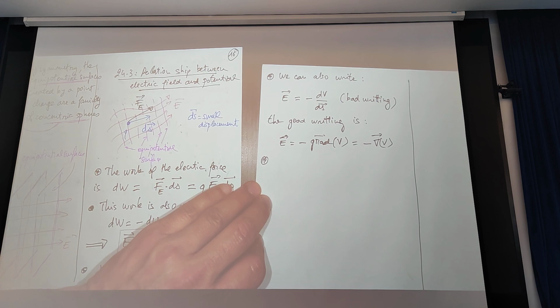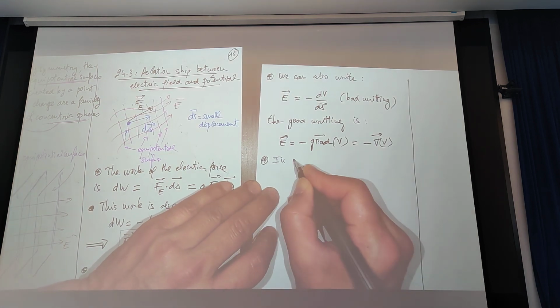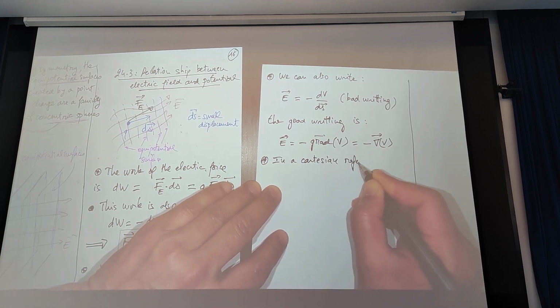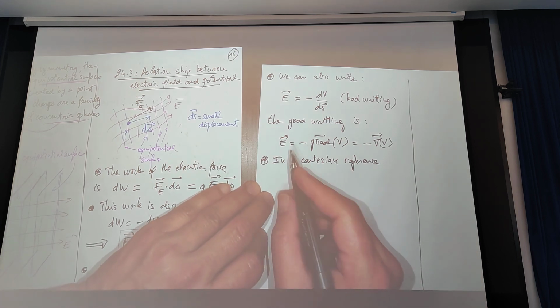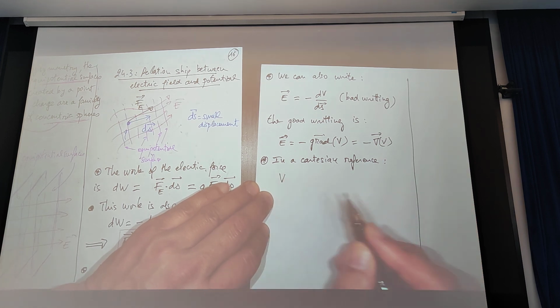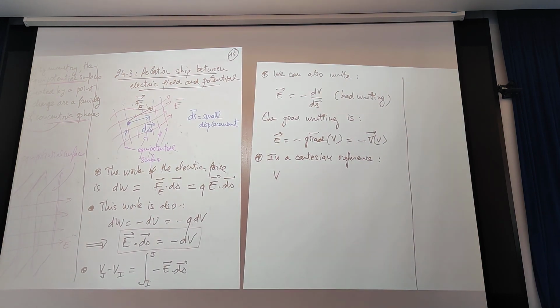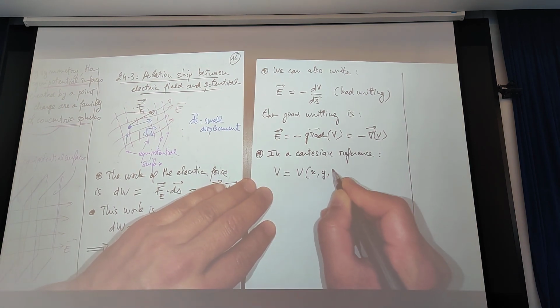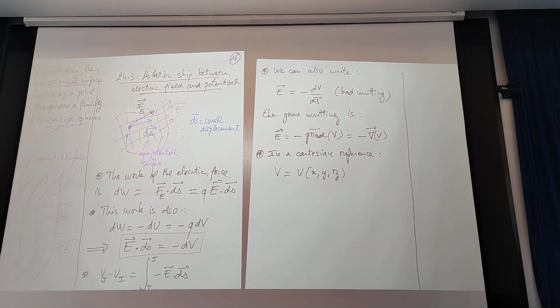Just let me specify a little bit, in a Cartesian reference, x, y, z. The electric potential is a property of each point in space, right? So we can say that the potential is a function of x, y, z, where x, y, z are the coordinates of the point. Do you agree? Do you follow me?